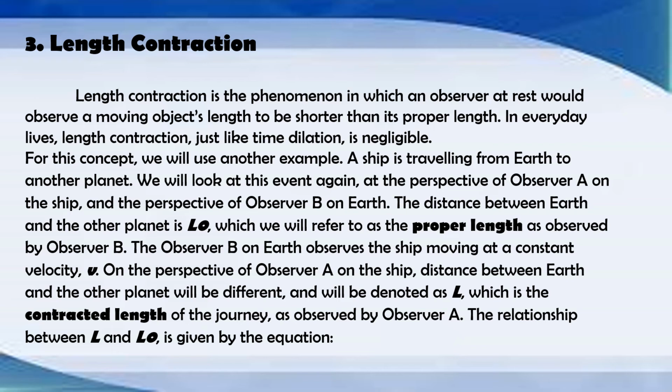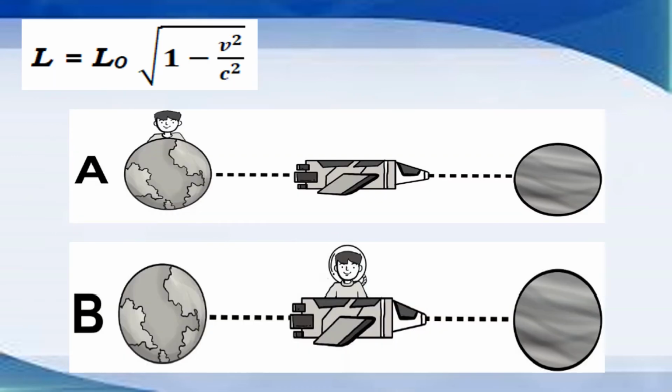So as observed by observer A, the relationship between L and L0 is given by the equation: L is equal to L0 times the square root of one minus v squared over c squared.